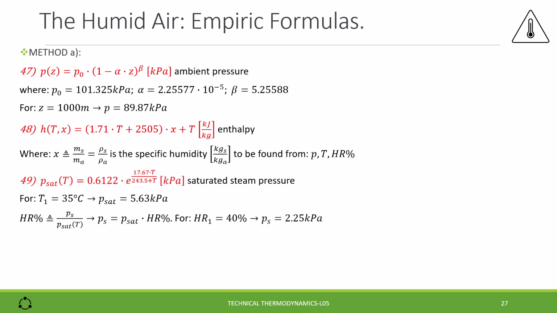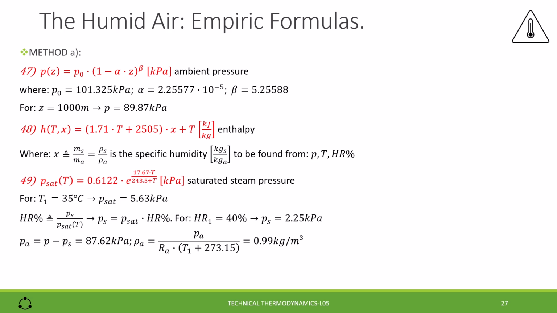Solving for the pressure of the steam, we get this value, 2.25 kilopascal. The pressure of the air is the difference between the total pressure, calculated already above, and the pressure of the steam, therefore 87.62 kilopascal.